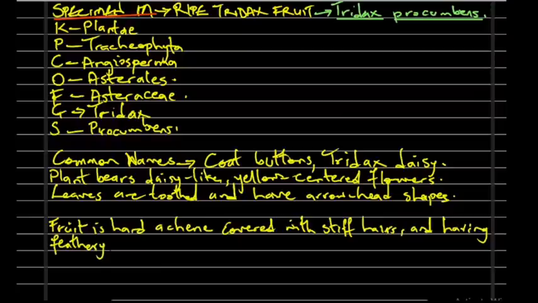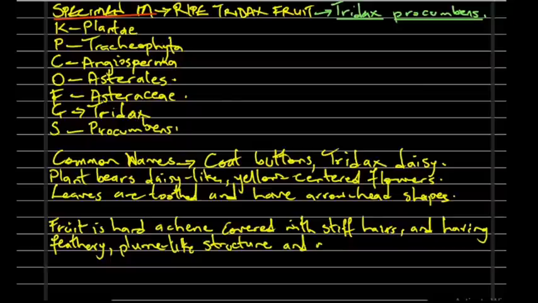It has feathery plume-like structures with white pappus at one end. So these are some things that we want to see about the Tridax fruit.